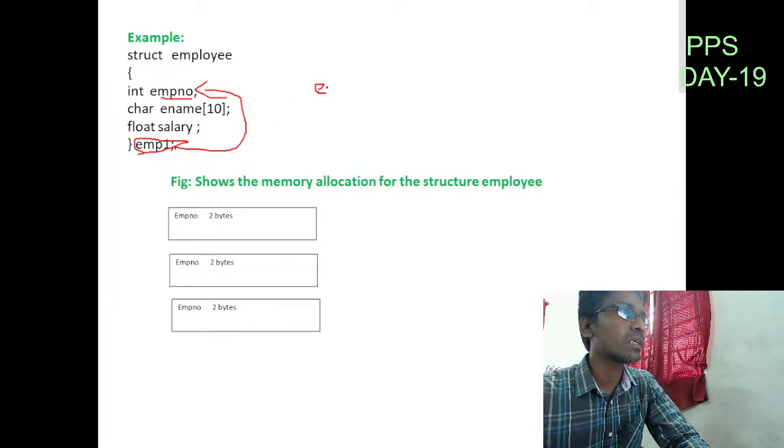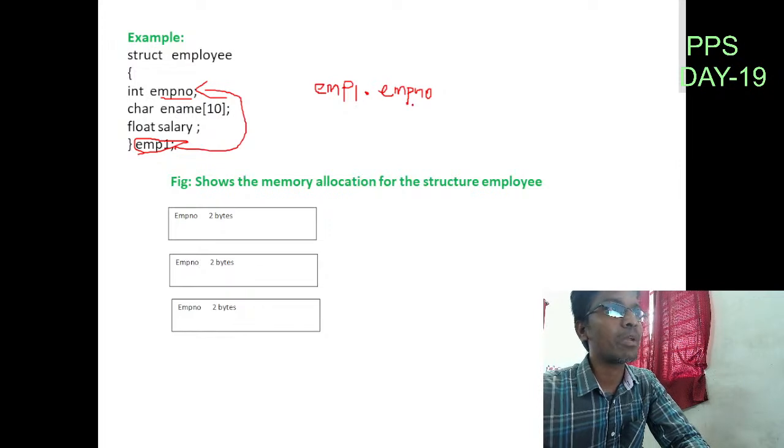For example, if I want to access the employee number, I will use my structure variable followed by the dot operator and followed by emp number. If you want to initialize the employee number, that is also possible: you write the structure variable, the dot operator, the member name, is equal to a value, terminated by a semicolon.